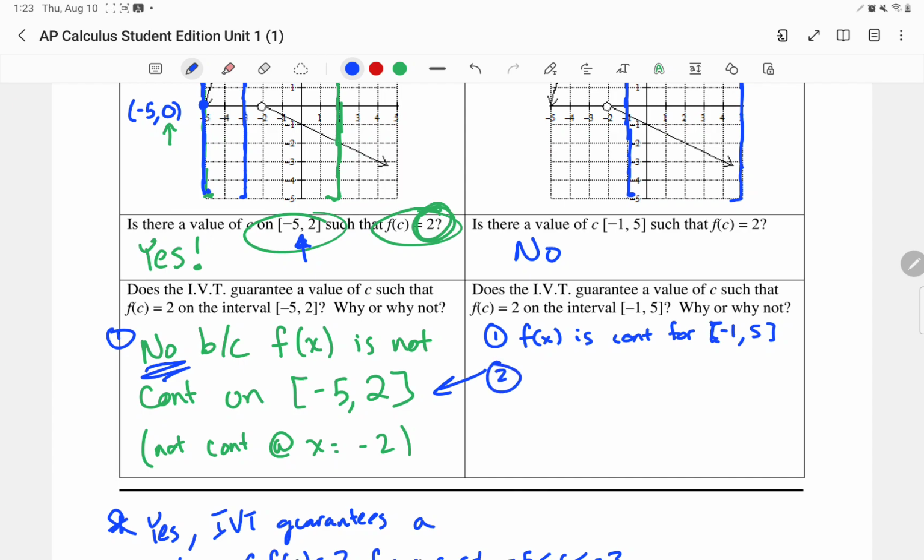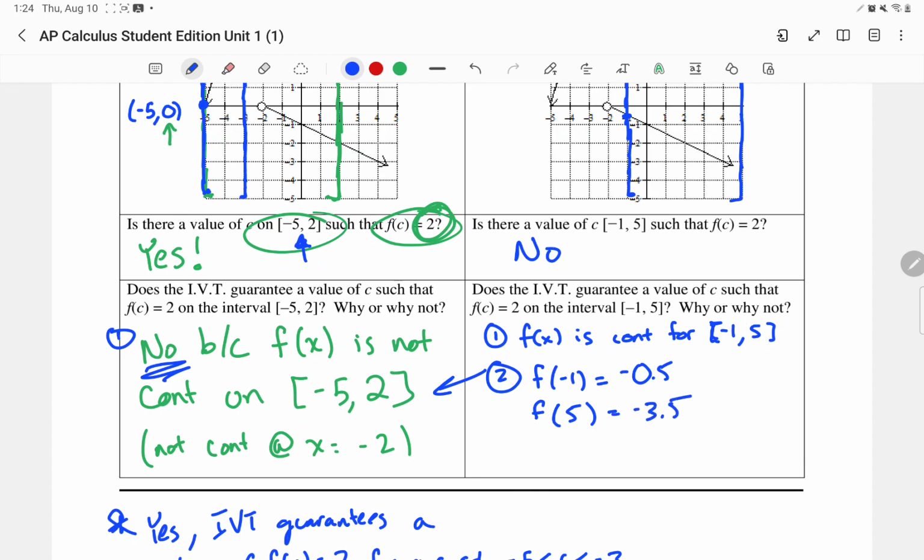So then my second rule is, we know IVT can apply, but what are my endpoints? So f of -1, that endpoint here is -0.5. The slope is down 1 over 2. Then f of +5, again, my slope is down 1, right 2, so this is going to be -3.5.